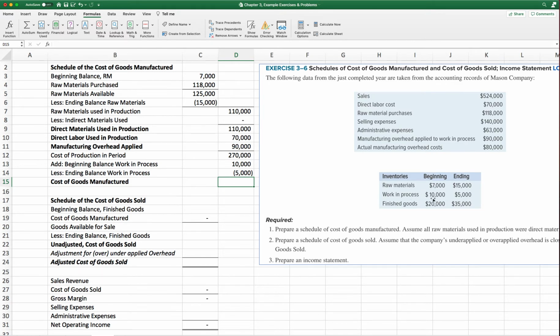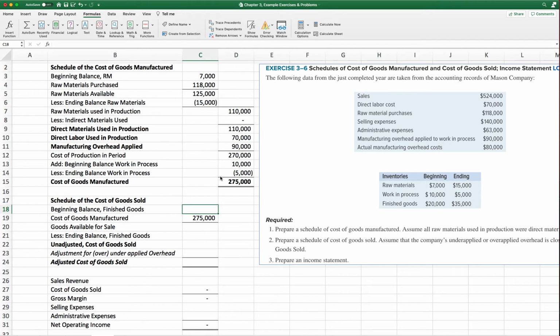I started off with $10,000 in work in process. I'm adding in that $270,000. Then I'm subtracting my ending balance to figure out how much left that account. So $275,000 of goods were completed in the period.